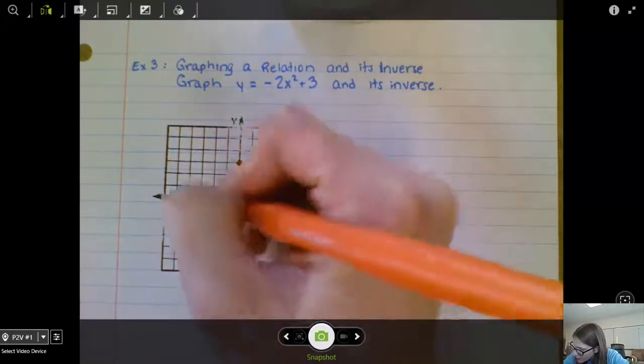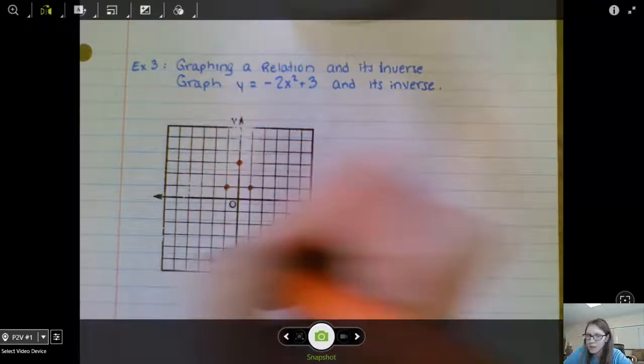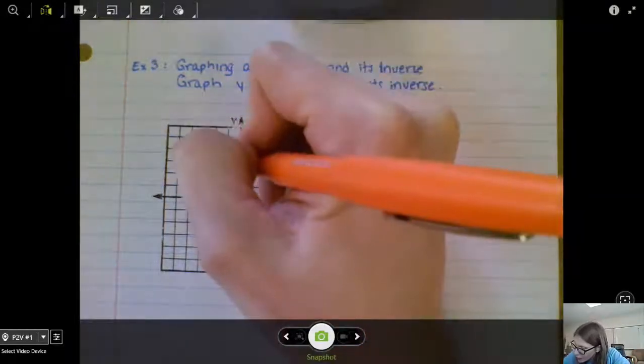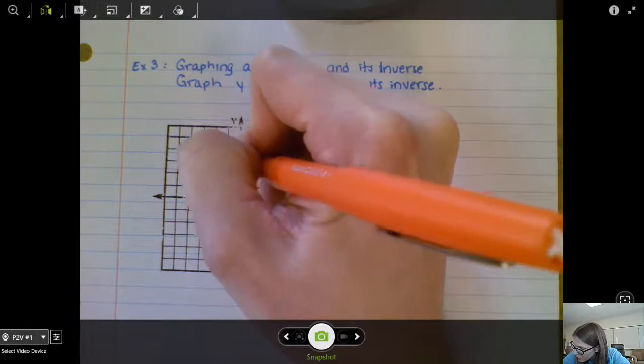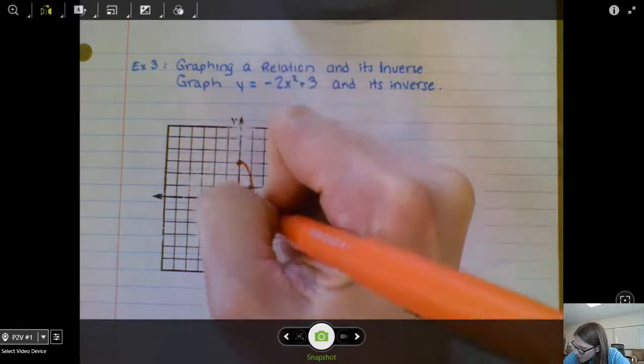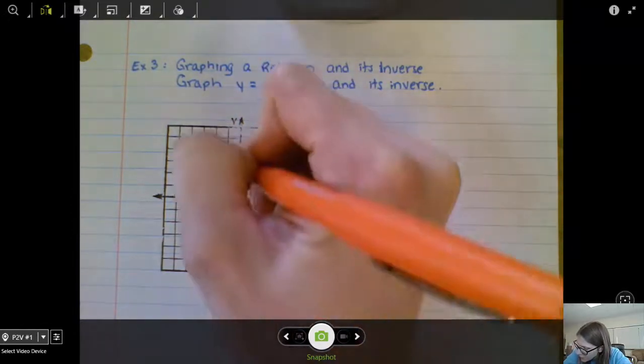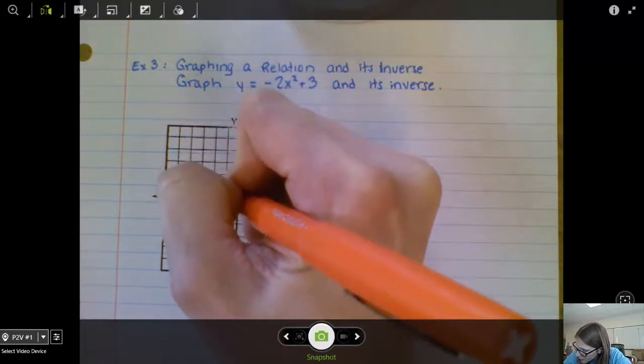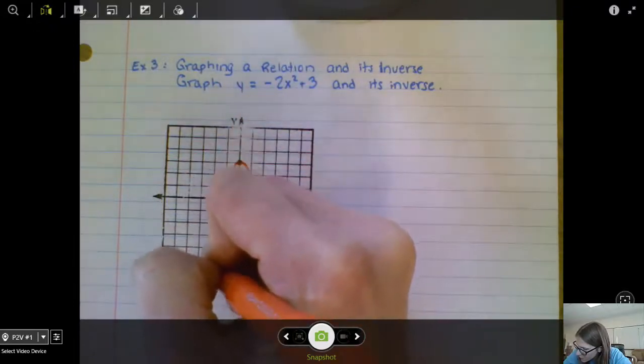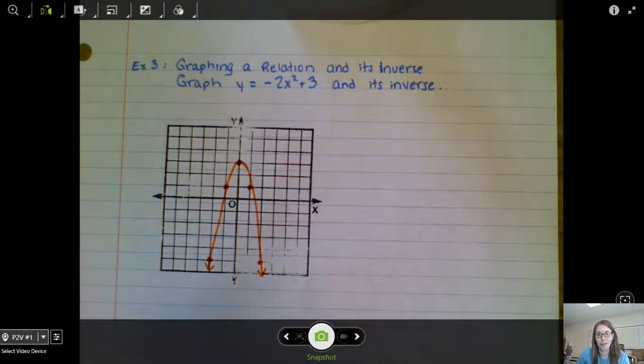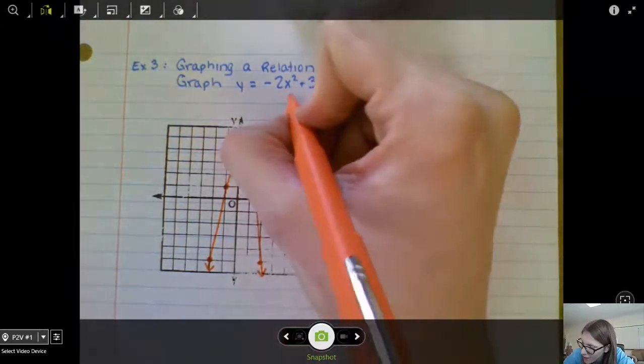It's right over here. And same on the other side of my axis of symmetry. So my original function looks like this.